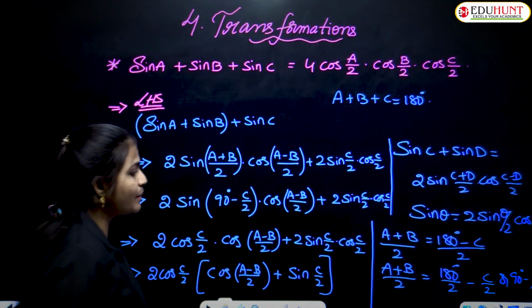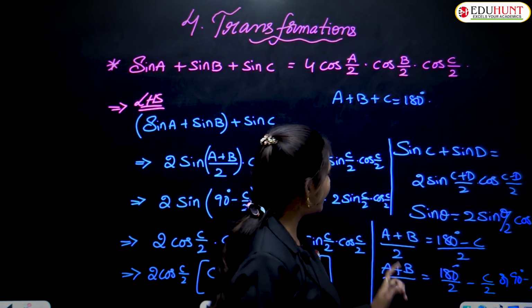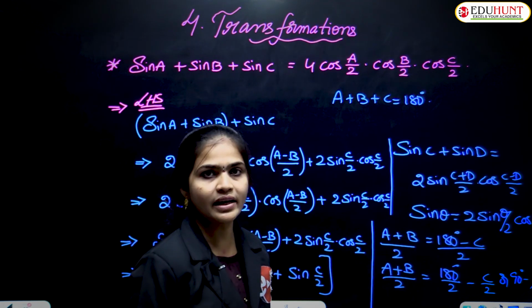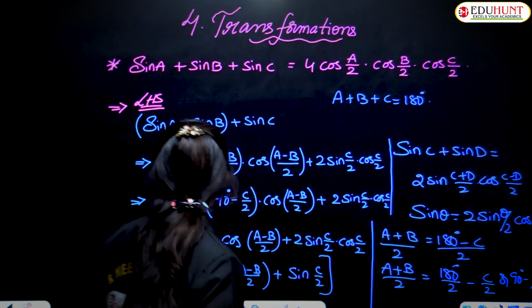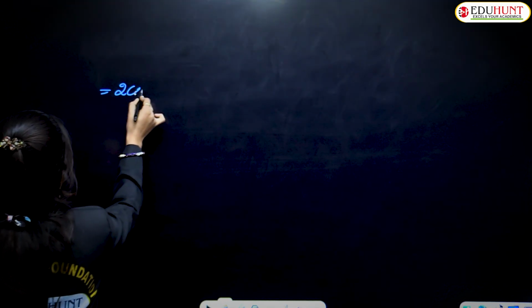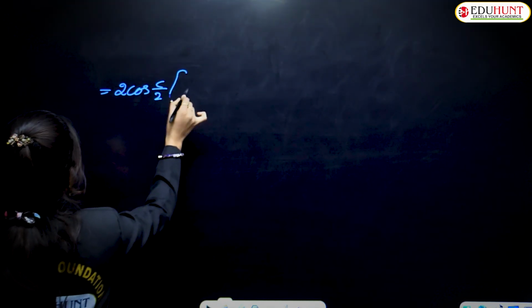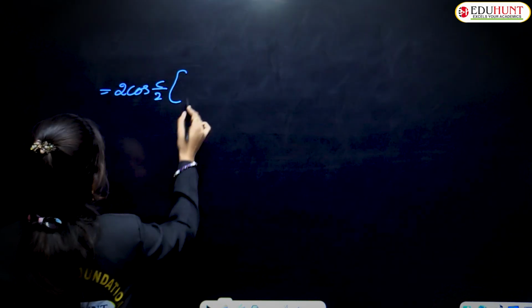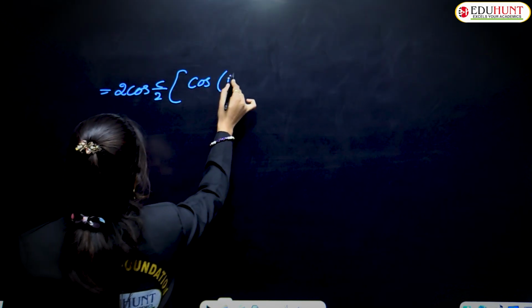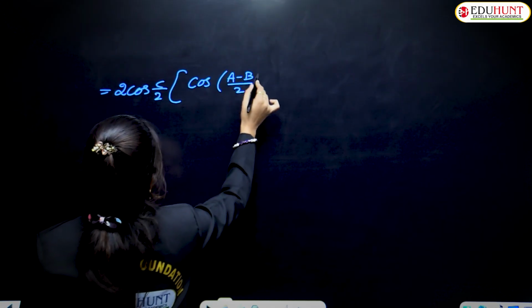So children, sin C by 2: how can we write that? We have 2 cos C by 2 into cos of (A minus B) by 2 plus sin C by 2.